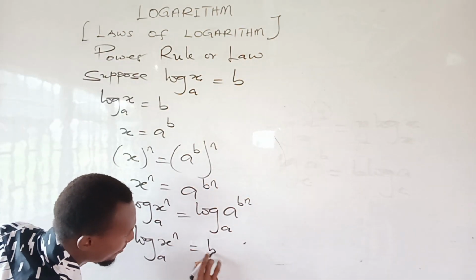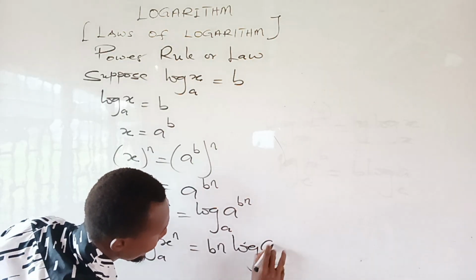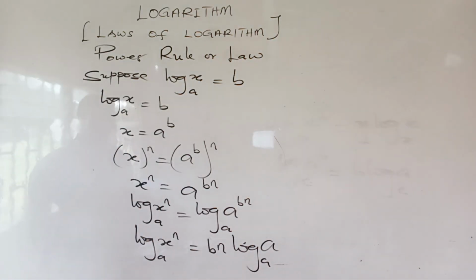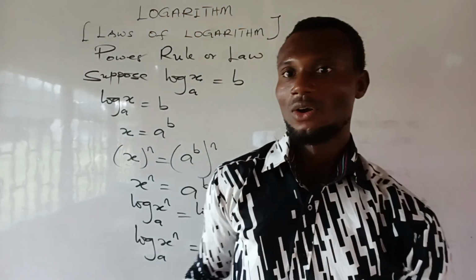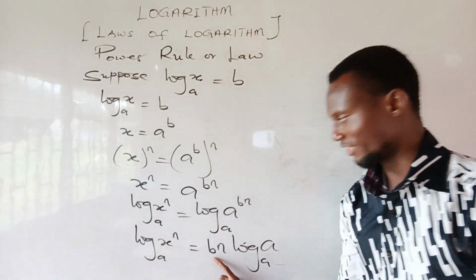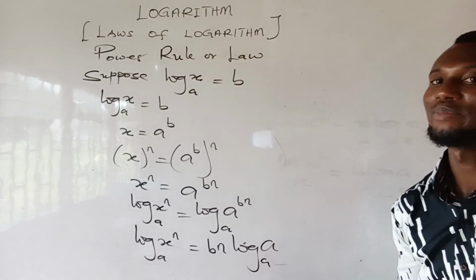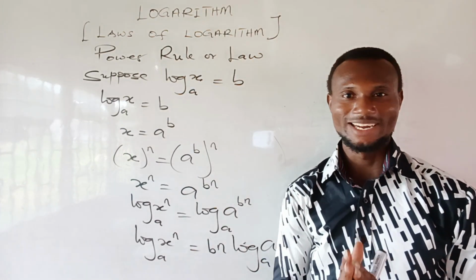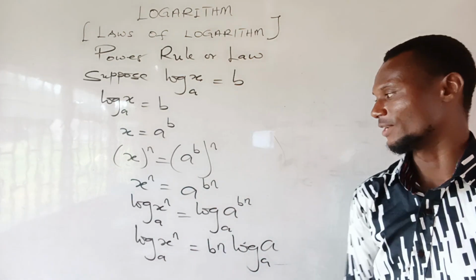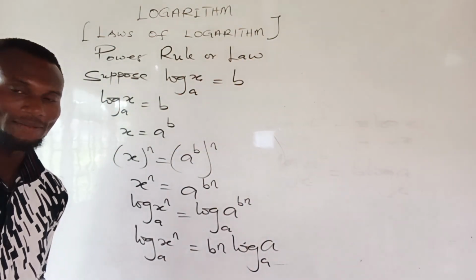So I'll have b and log a to the base a. As I said, all that you need to do is to move the power here to become a coefficient to the log. So bn log a to the base a. I hope you understand up to this point. Okay, so now let's proceed and solve further.